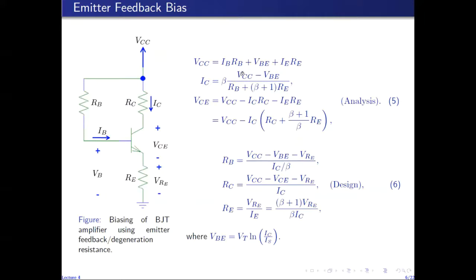And again, we can invert this equation by replacing IERE with VRE to find an expression for RB. So given the bias point IC, VCE, and VRE, we can design the network using these resistance values.